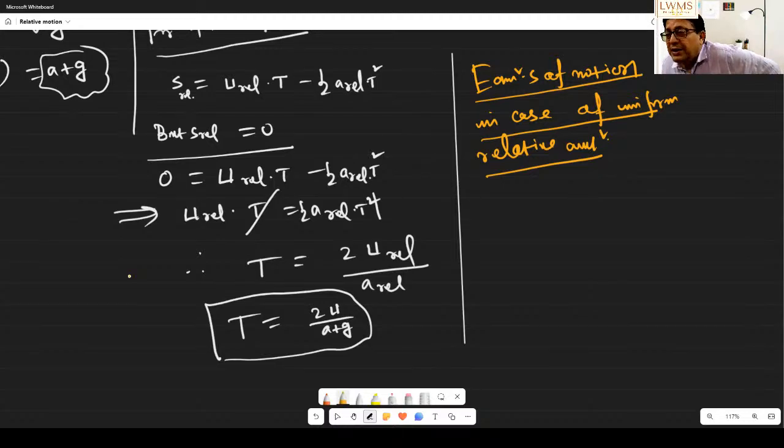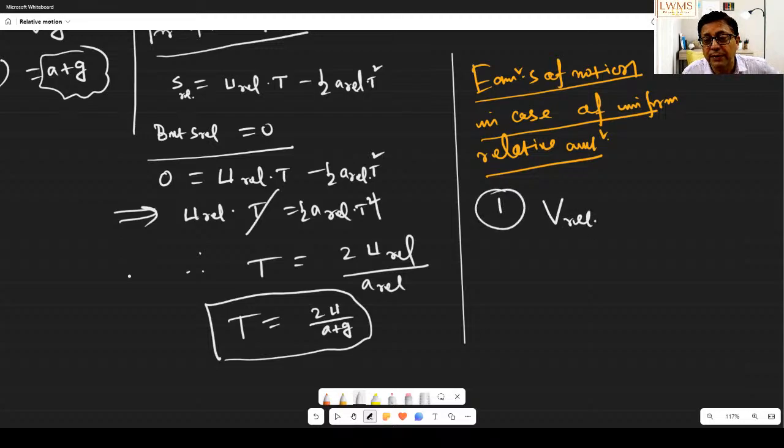That v equals u plus at, you know. So first equation to write here: V relative equals U relative plus A relative t. The second one we have used already.